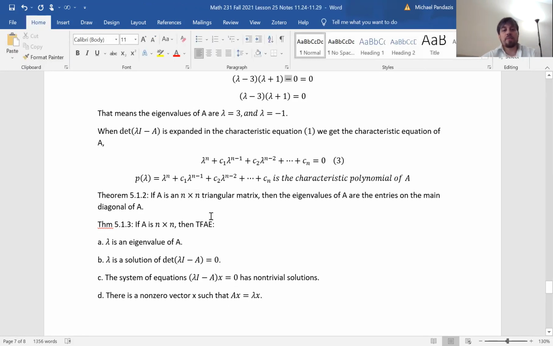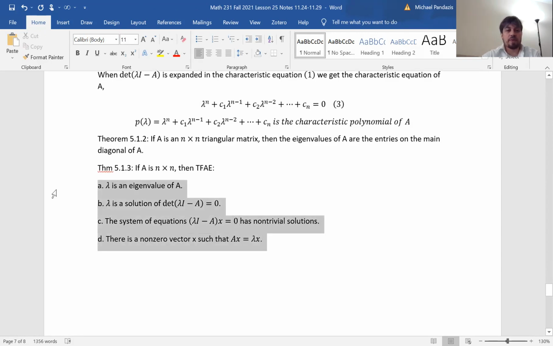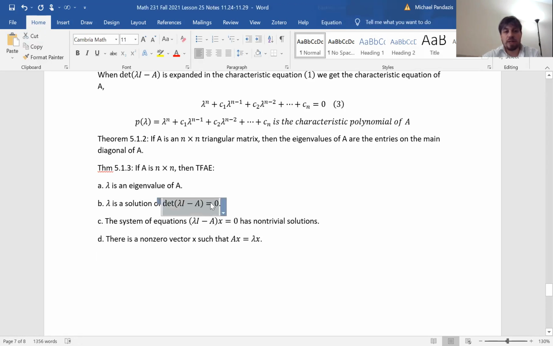Okay, so if A is an n by n matrix, then the following four statements are equivalent. Lambda is an eigenvalue of A. Lambda is the solution of the determinant of lambda I minus A equals 0. It's an equation. Lambda is the unknown, and so all its solutions are eigenvalues. C, the system of equations lambda I minus A times x equals 0 has non-trivial solutions, meaning you can plug in an x here which is not 0, and that equation holds. There's a non-zero vector x such that Ax equals lambda x.